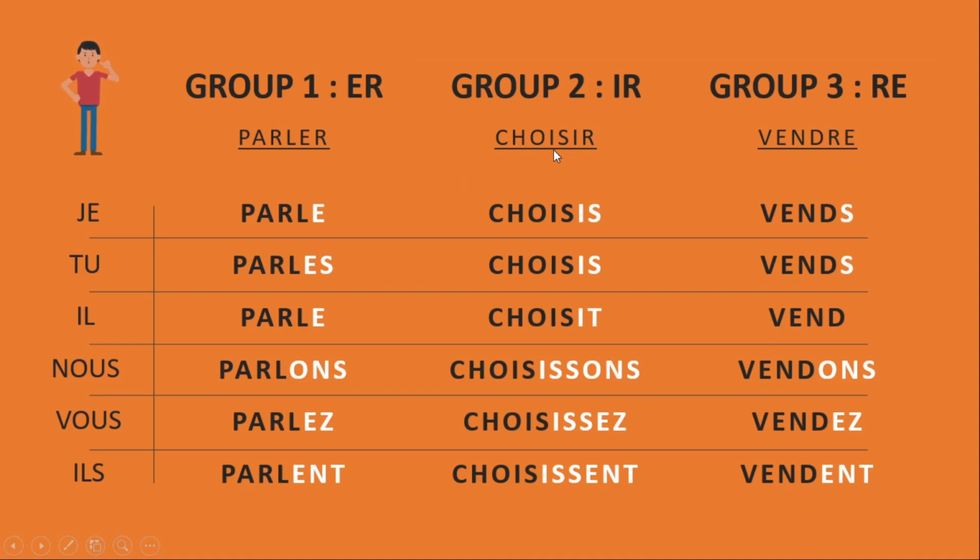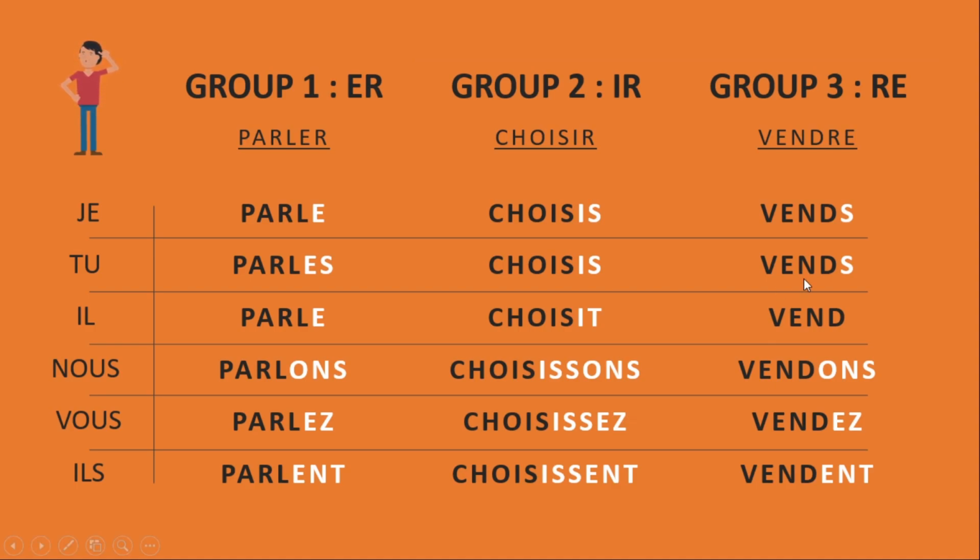We do the same with the verb choisir, except we remove ir and we add the conjugation for the second group. Je choisis, tu choisis, il choisit, nous choisissons, vous choisissez, ils choisissent.